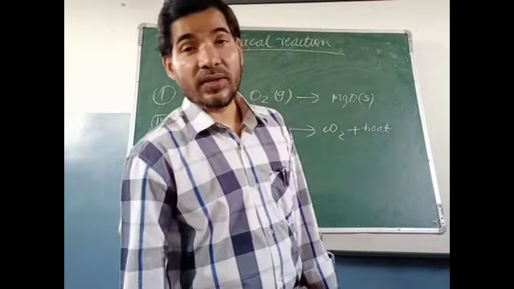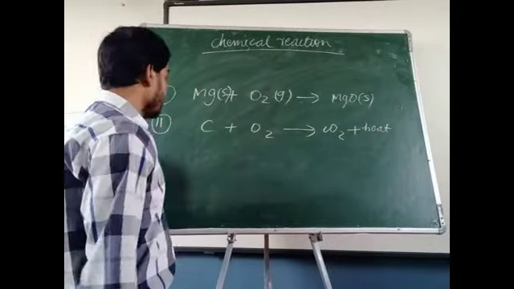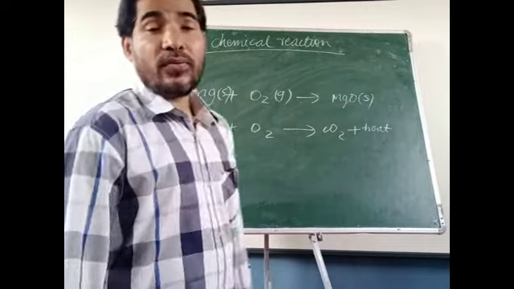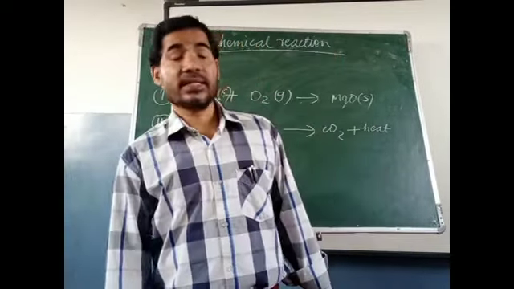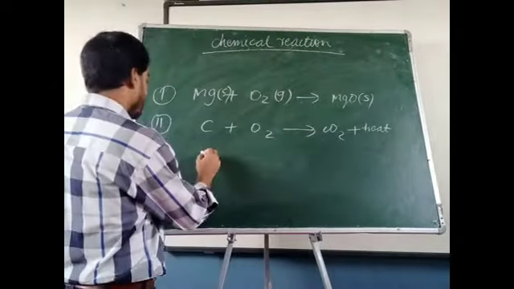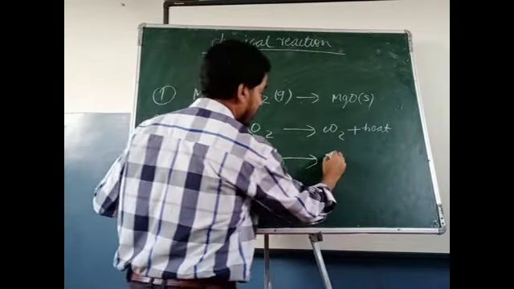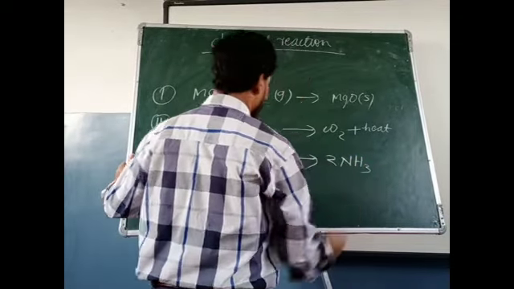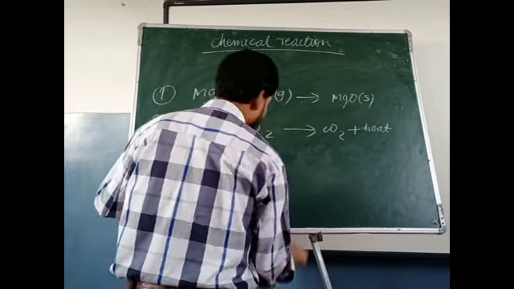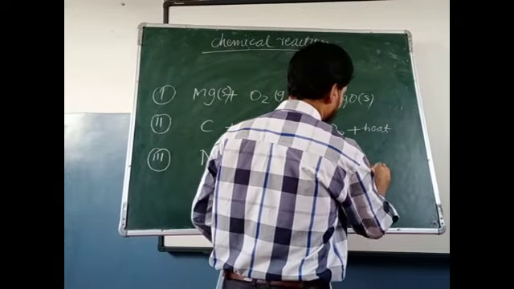Now, how will you identify which chemical reaction is endothermic? By its chemical equation. For this, I will take another example. Suppose formation of ammonia. I will write here N2 plus 3H2, and here I have to write heat towards the reactant side: N2 plus 3H2 plus heat gives 2NH3.